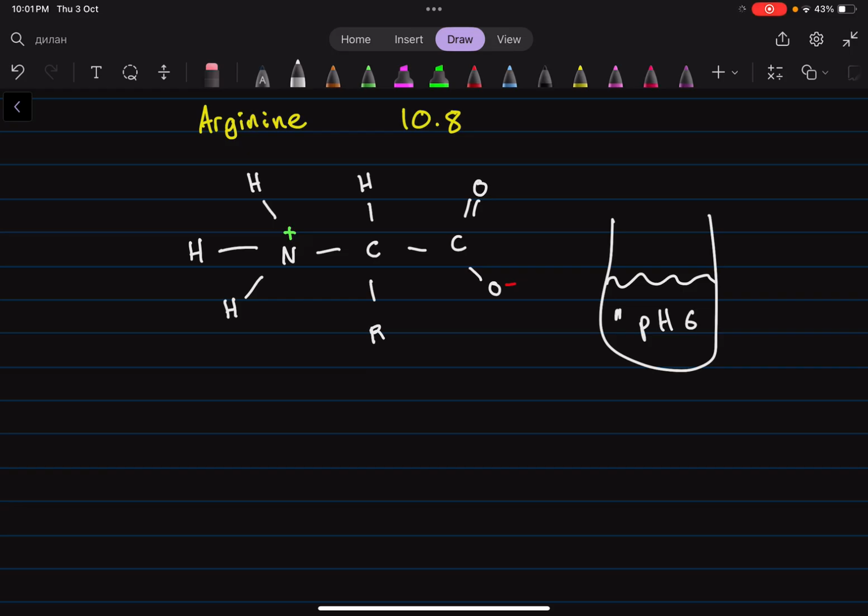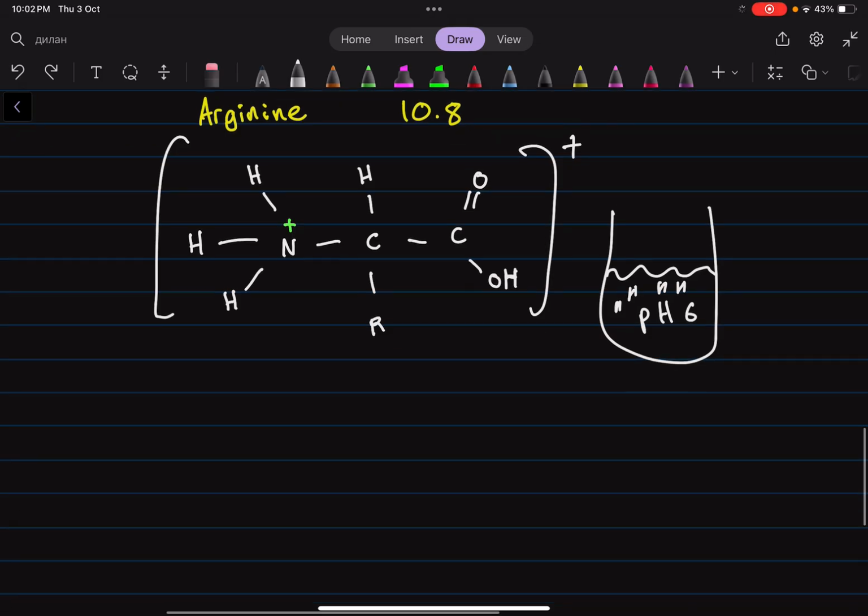The H plus is swimming in the solution, here they are, taken up onto here, which means that it loses that negative charge. There's no negative charge over here anymore, and the thing becomes overall positive, because we can see that here. So that's basically all there is to know.